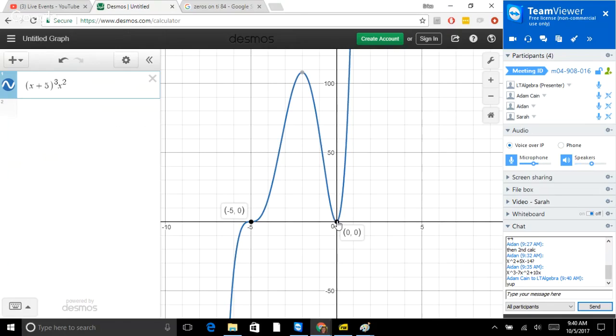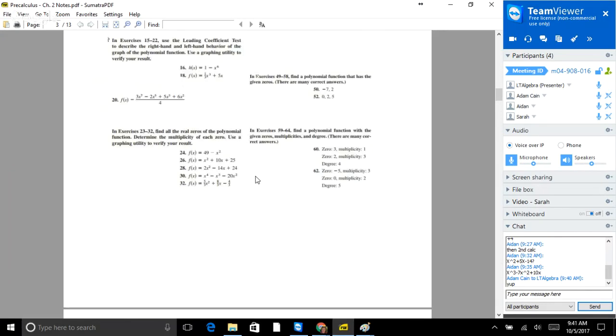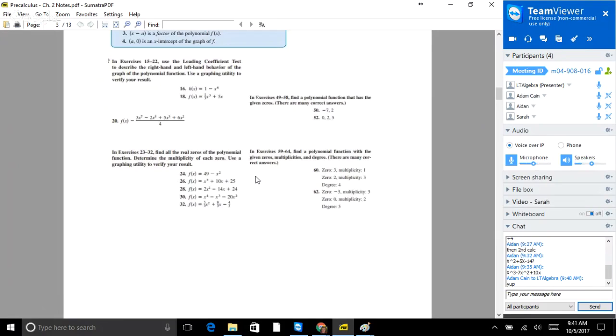Okay, we are going to continue a little bit into 2-3, because it's not difficult, but there's a lot of work that goes along with it. We just spent section 2-2 finding the zeros of polynomial functions, and the functions they gave us to factor were ones we could factor pretty easily with our factoring skills.